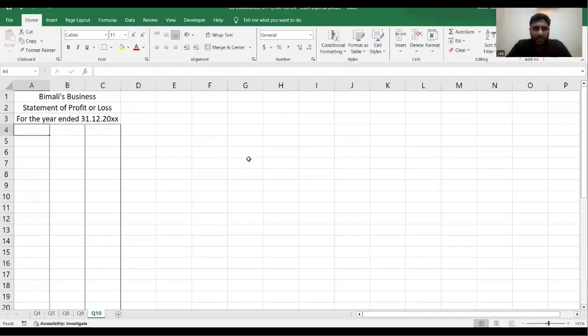So let's start with the sales. Now you can't think and wait about the formula. We learned the income statement has two parts. The first part has sales, cost of sales items, then the gross profit. Then the second part has income and all the expenses: distribution, admin, other, finance.